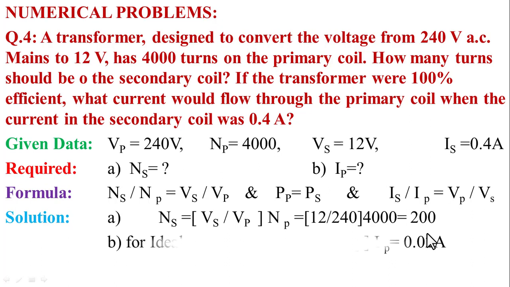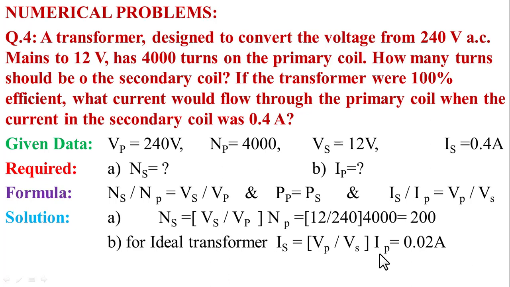Now in part B, for the ideal transformer, Is is equal to Vp over Vs into Ip. Here we rearrange the formula: Is, the current on secondary, is equal to the voltage on primary divided by the voltage on secondary, multiplied by the current on primary.